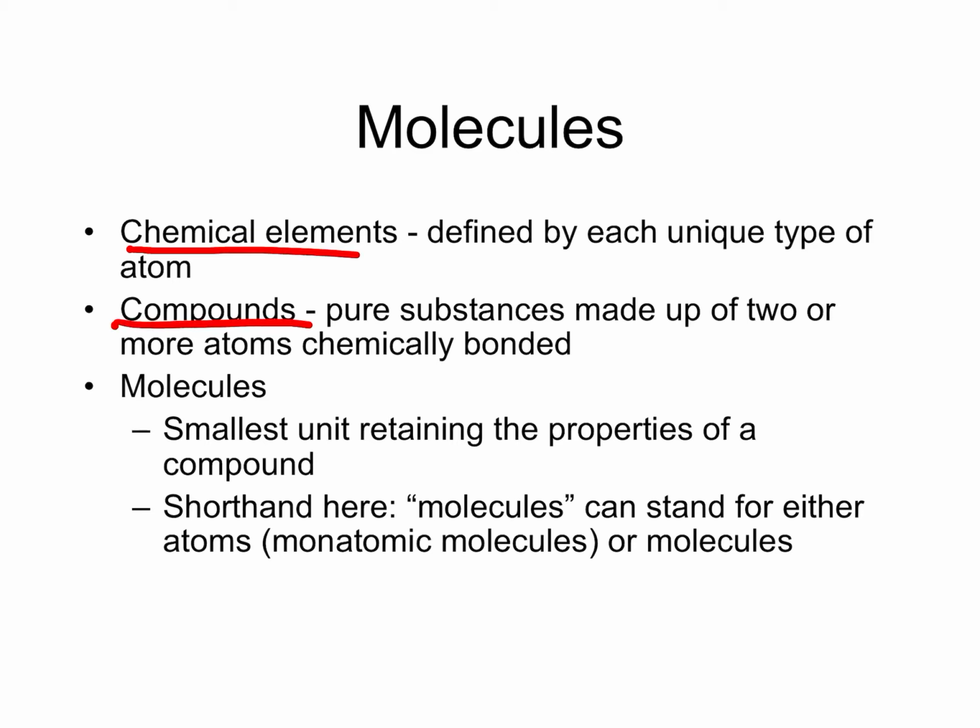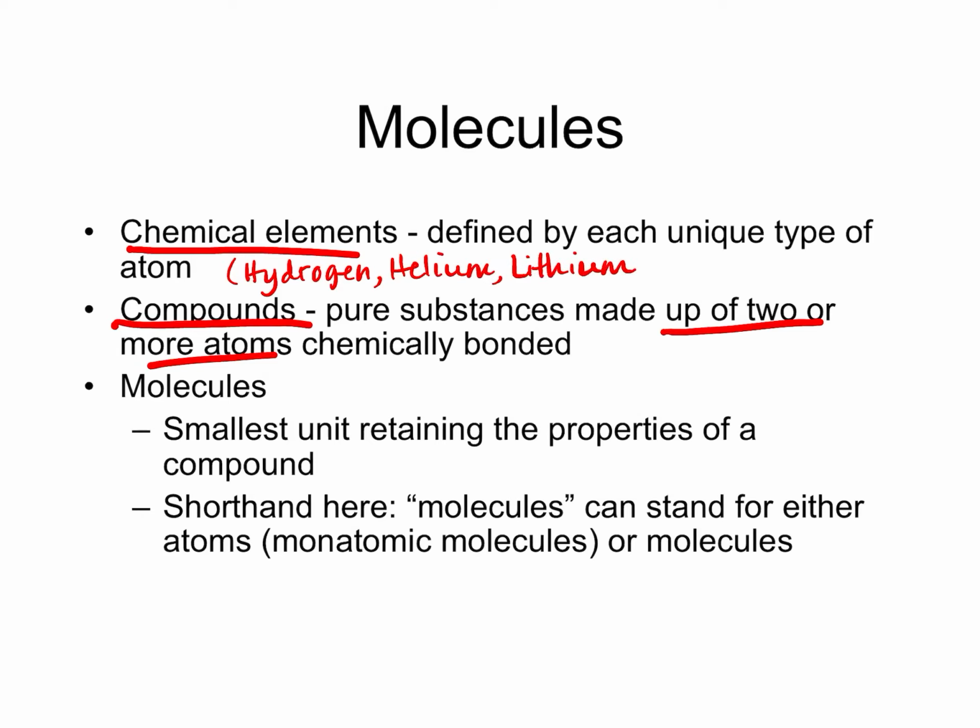Compounds are made from more than one, so 2 or more atoms that are chemically bonded. So an example of this, let me give you an example of an element really quick. This would be like hydrogen, helium, lithium.